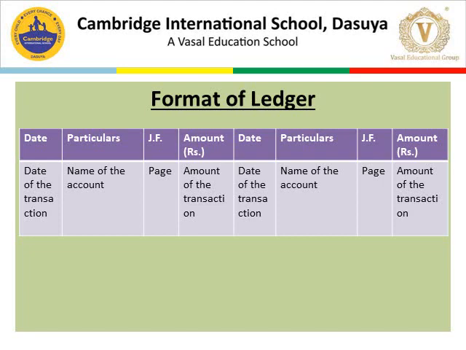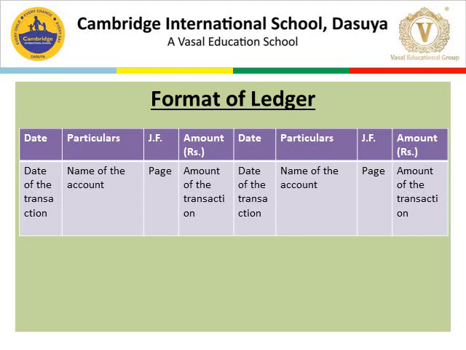So in date column, we have to write the date of the transaction, the date on which the transaction took place. In particulars column, we write the name of the account, like salaries, machinery, land, etc. In third column, journal folio, we will write the page number or the reference number from where this particular account has come up.